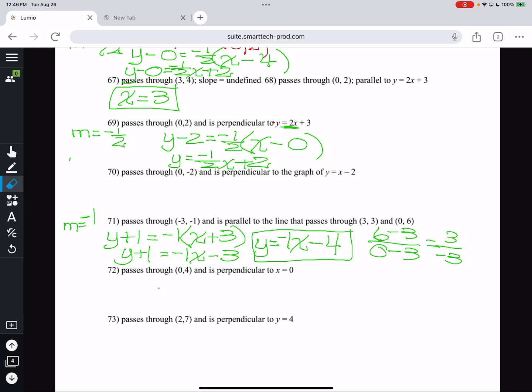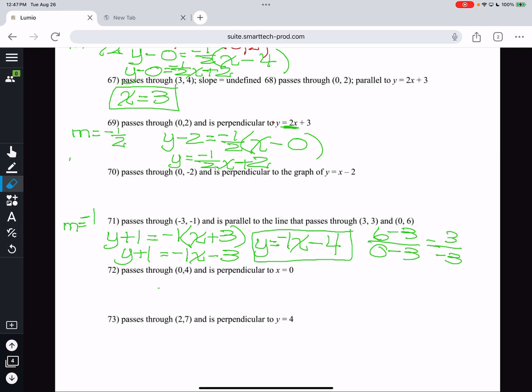Opposite. Not talking about slope. What does the shape look like? If I have a line like this, what does perpendicular look like? This. Yeah, it's making a right angle. So if I have a line like this, what's perpendicular? This. The slope for this is 0. The slope for this is undefined.